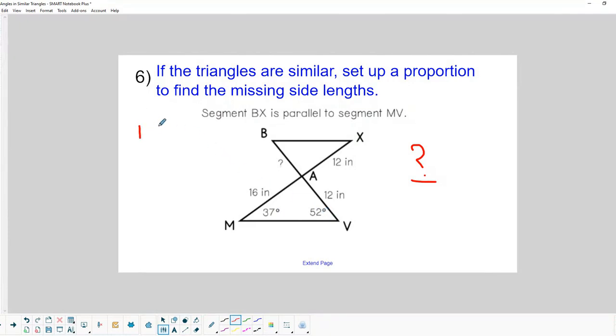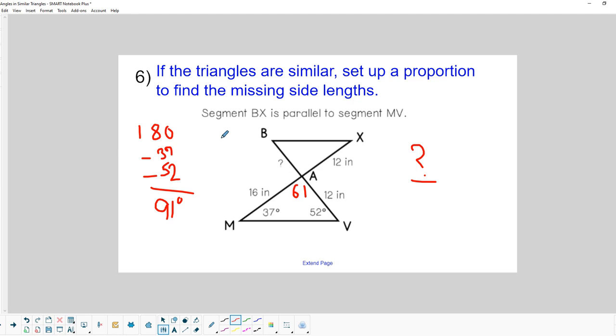So if we do 180 minus 37 and minus 52, what do we get? 180 minus 37 minus 52 equals 91 degrees. Okay, so this is going to be 91.